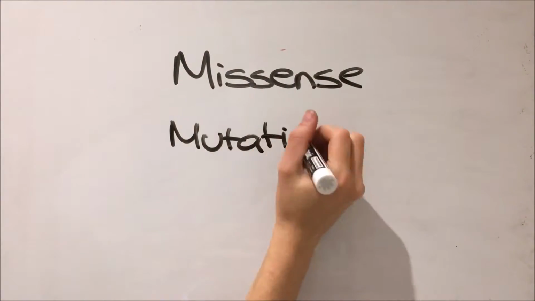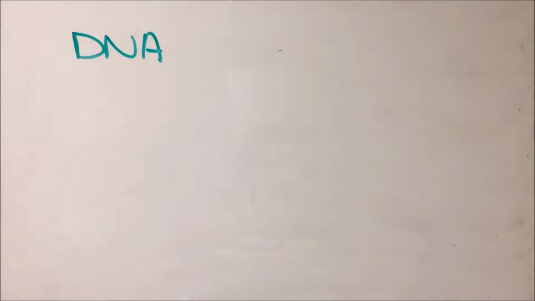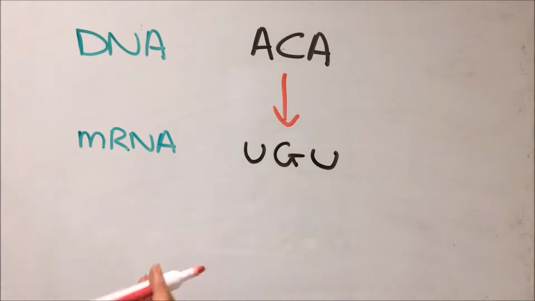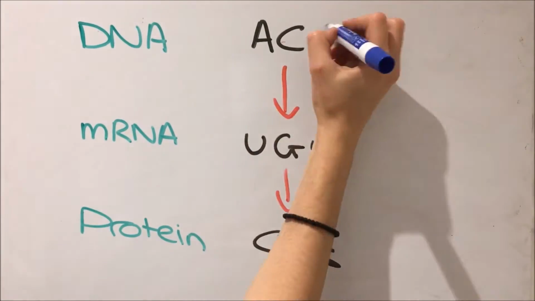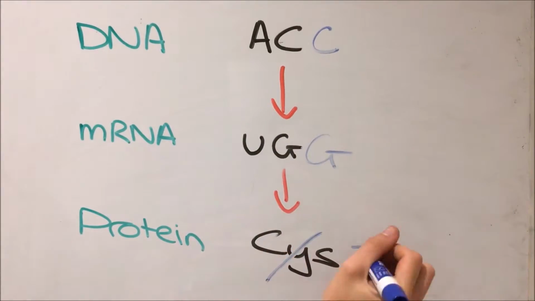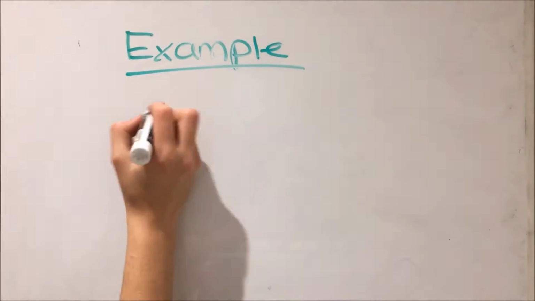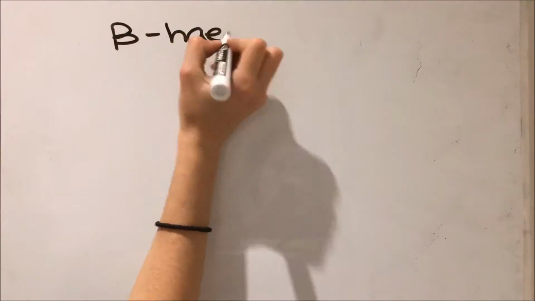Missense mutation is any change in one DNA base pair which changes one amino acid into another. The codon is altered by SNP and results in an output of an unintended amino acid. This can have profound effects on the human phenotype. Such an effect is seen in the example of sickle cell anemia, which is caused by SNP in the beta hemoglobin gene.